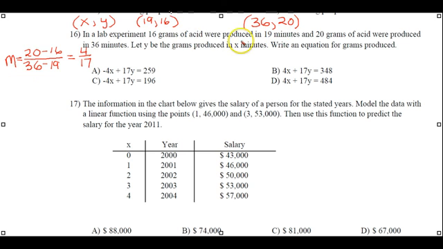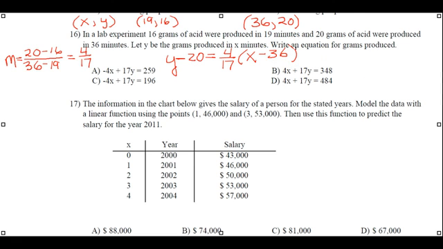So the slope of this relationship is 4/17. Now I can use either of these points to write the point slope form. So y minus 20 equals my slope, 4/17 times x minus 36.